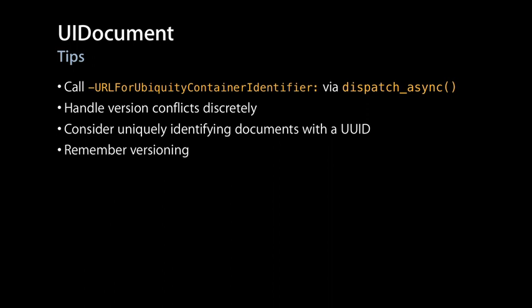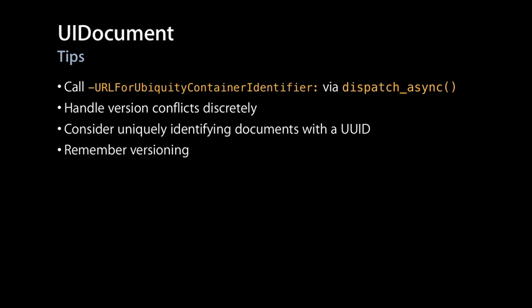Another thing that you should consider doing is uniquely identifying documents with a UUID. This is a universally unique identifier. iCloud simply uses the name of the file on disk to try to tell the difference between two different documents. So if you create untitled document on one device and untitled document on a second device, these look like the same files to iCloud.